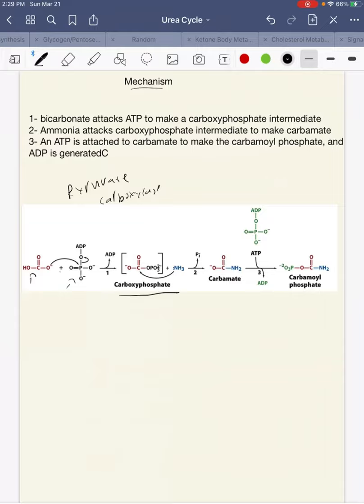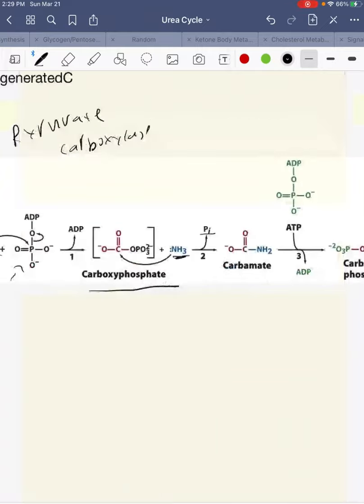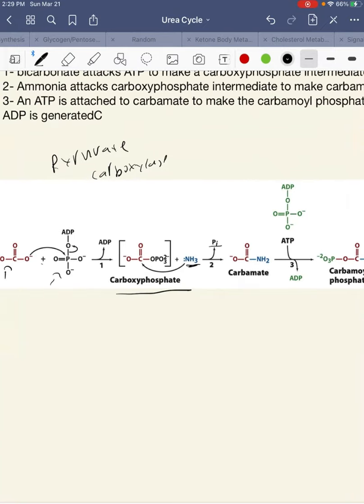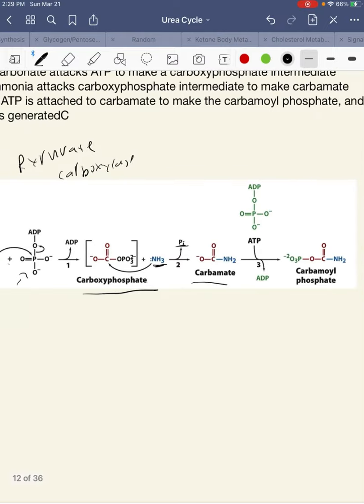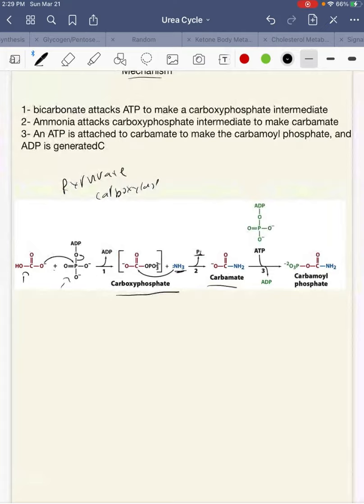Carboxyphosphate is then attacked by ammonium. One phosphate is eliminated. We make carbamate, and then ATP is attached to carbamate, and then we make the carbamoyl phosphate product.